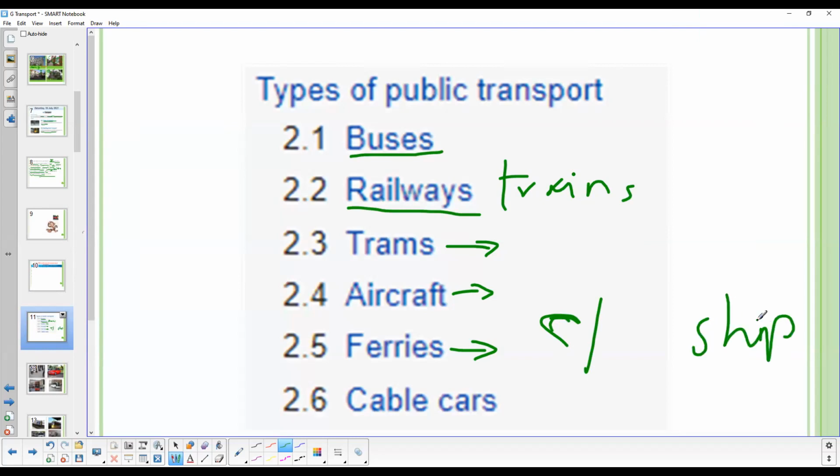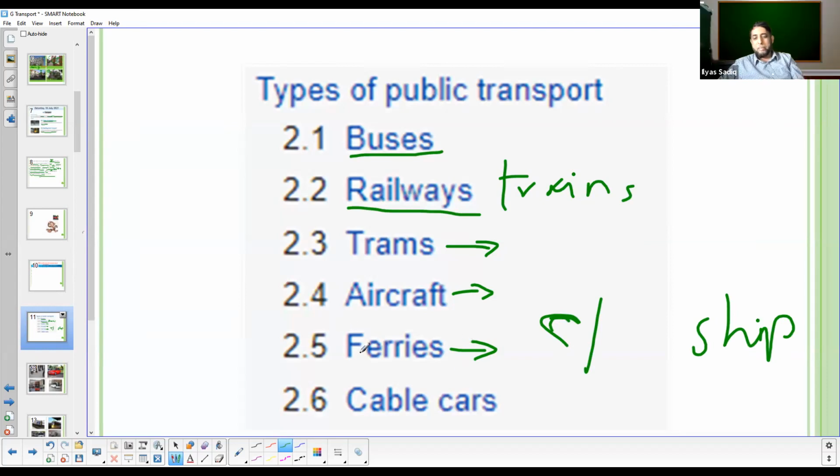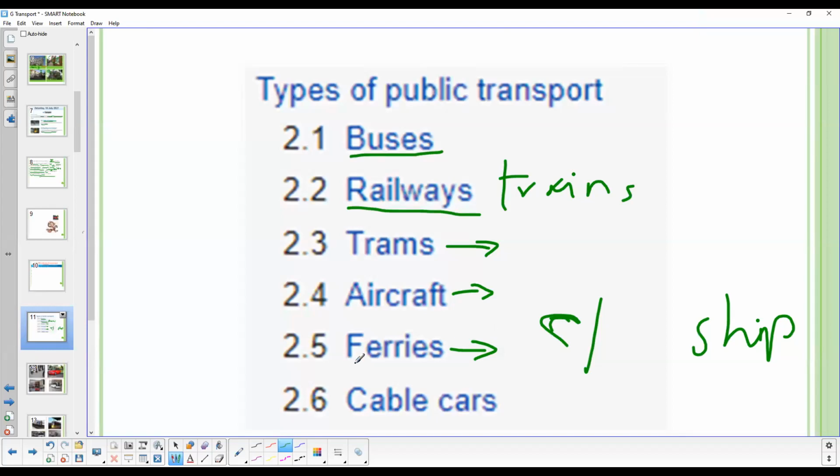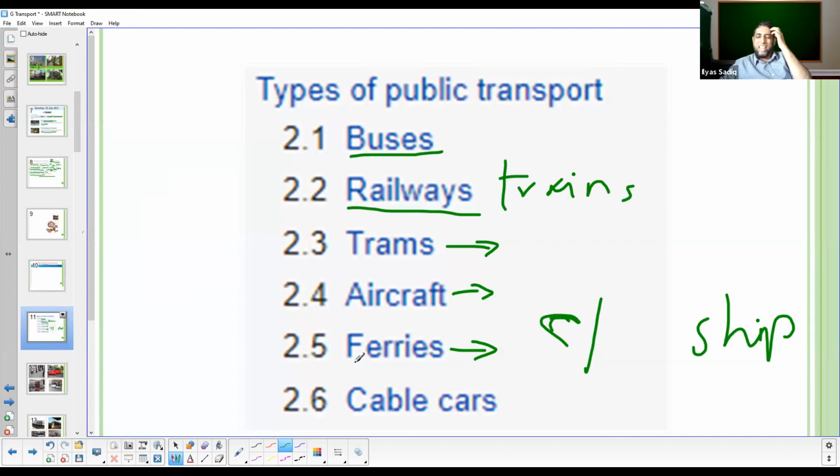Oh, well done, ship and boat. So ferries, basically, are boats or ships in the water. There are different names for it, of course. So cable cars.